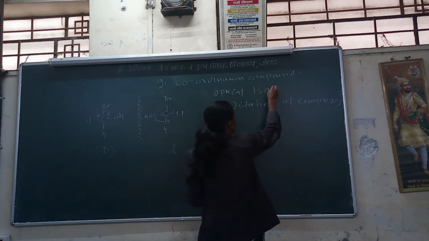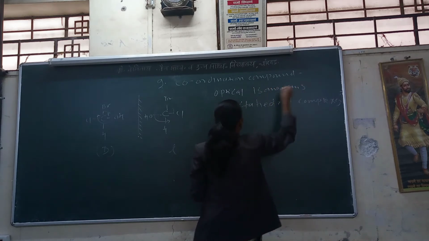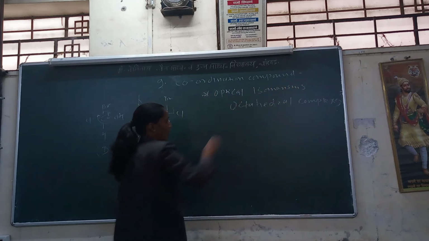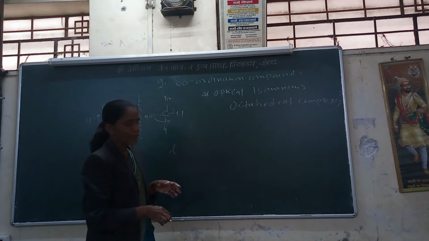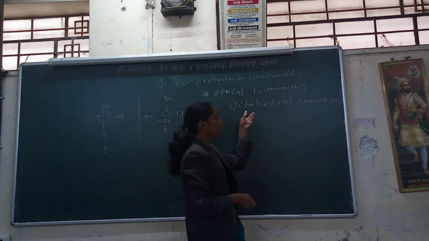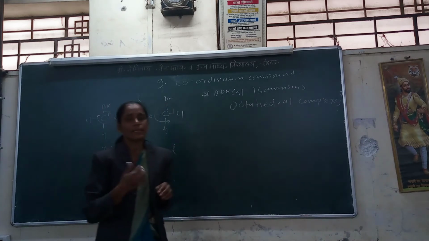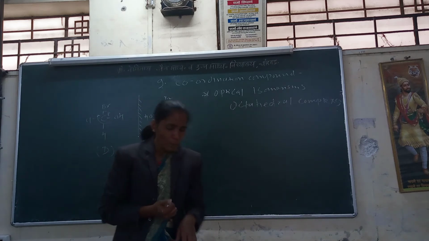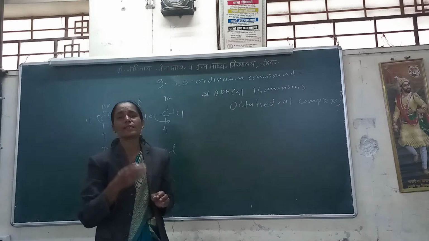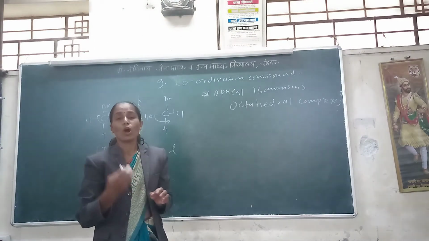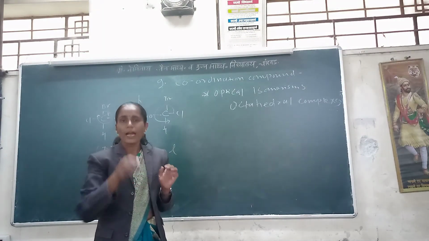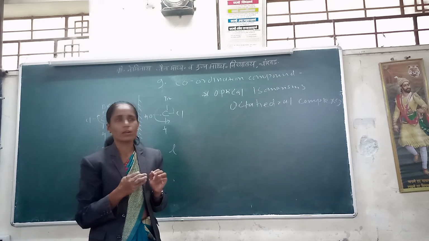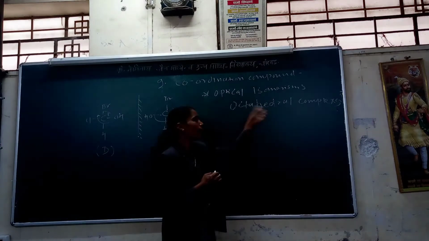Octahedral complexes means the central metal is bonded with 6 ligands. Octahedral complexes show coordination number 6, like an octet. Octet is 8 sides and 6 corners, that is octahedral.